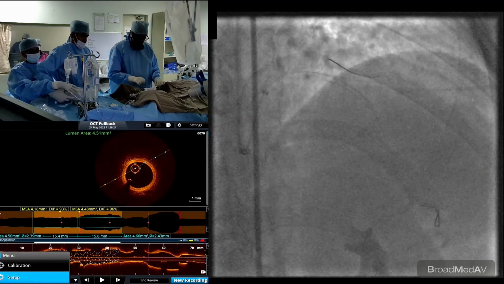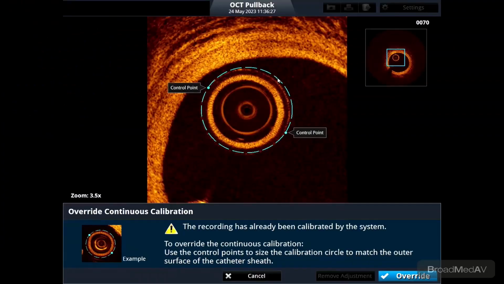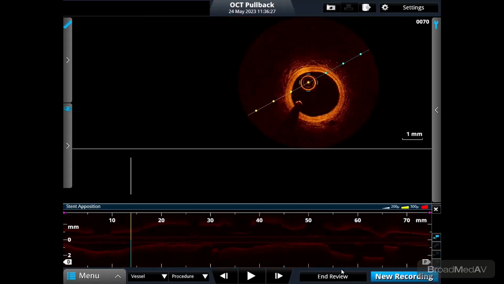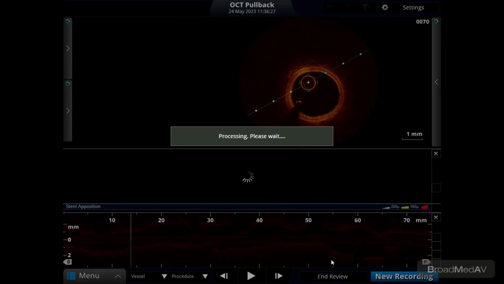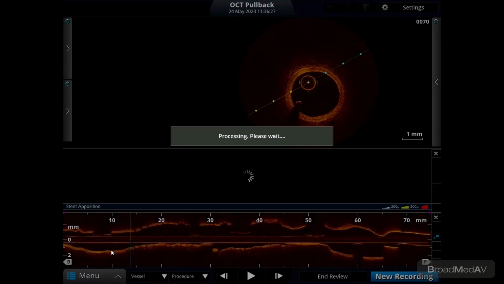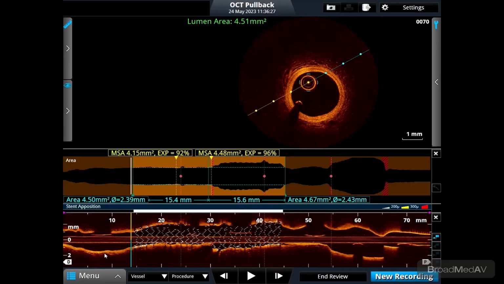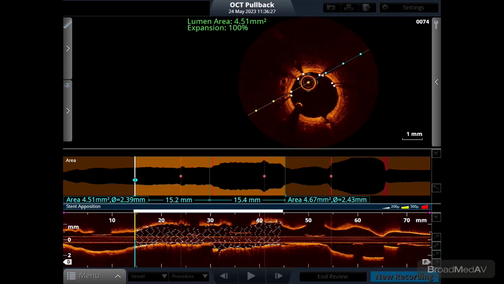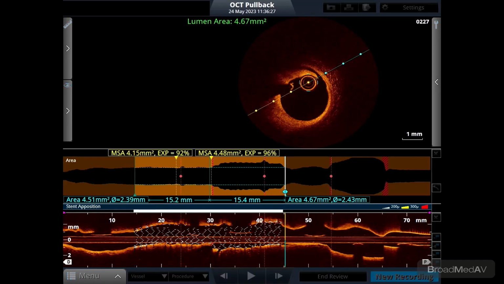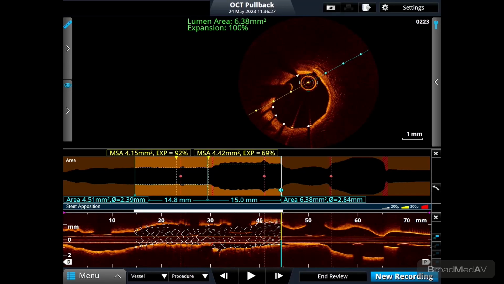First let me calibrate this. So the first thing we are seeing at first glance, the stent divided into two halves, and this is a 28 millimeter stent, right, sir? Yes.